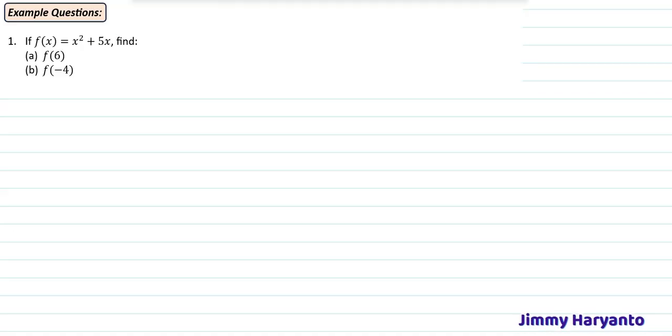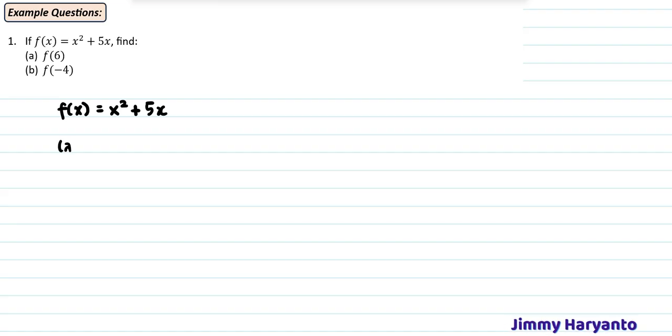Okay guys, let's try example question 1. First, the question gives you the function. The rule is you have to square the x and then add 5 times x. And question A wants you to calculate f6. Remember what I told you before, the number in the brackets is the input, and the input is the x.